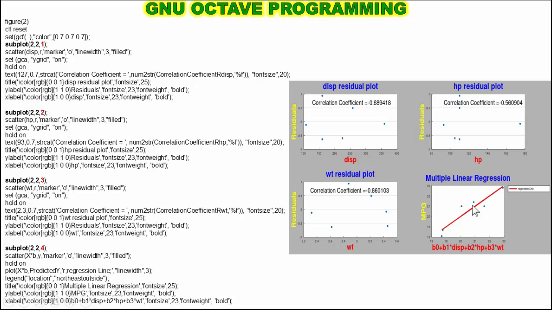And finally, this scatter graph with a red line showing the multiple linear regression line, the codes are written here after we call subplot 2 rows, 2 columns, index number 4. All the 4 graphs are placed in one window.